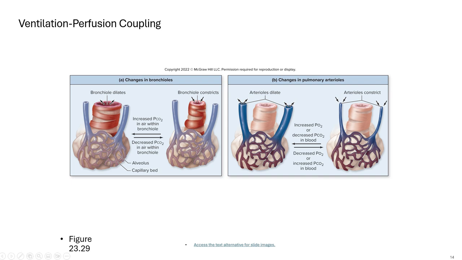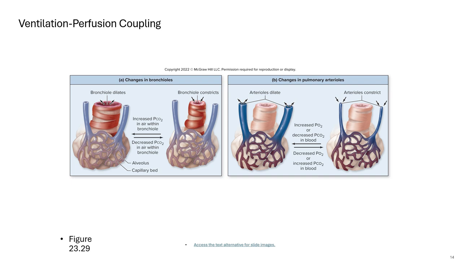So for whatever reason, you either have sufficient air, so sufficient ventilation and poor perfusion, or you have sufficient perfusion and poor ventilation, right? So these are going to involve some type of maybe blockage or constriction in either the blood vessels or the airway, right? So maybe you have asthma, right?